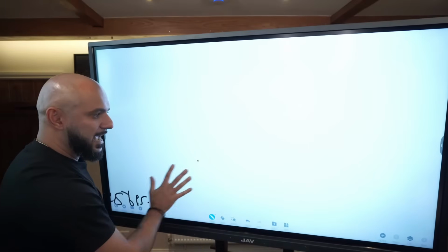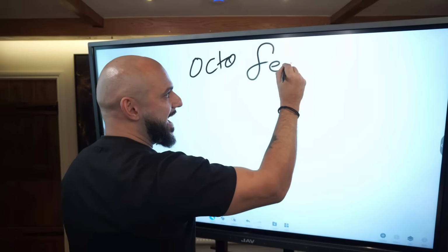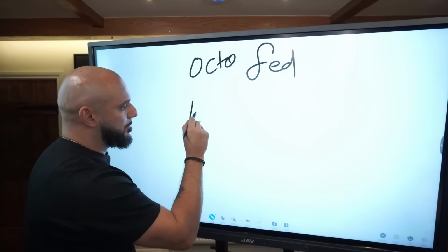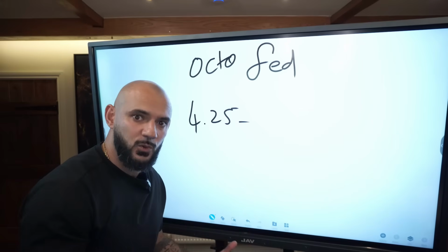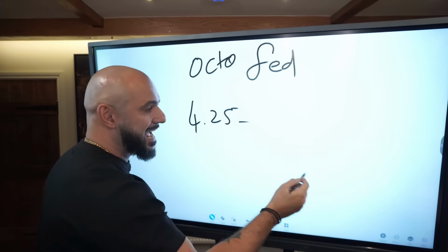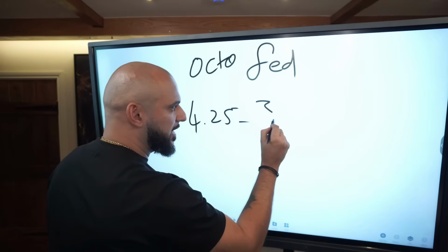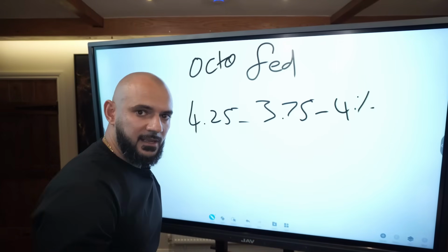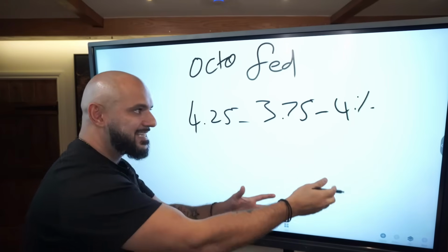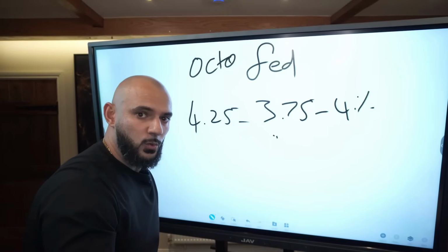Now that we're going to be getting some more rate cuts in October from the good old Fed, that effectively means that 4.25% is now going to be what? Well, we're going to be getting 25 basis points. So the range is now going to be anywhere between, well, everyone's betting for the idea that it's going to be between 3.75 and 4%. Okay? So the yield on the dollar is now going down. That's the reason why gold's going up.